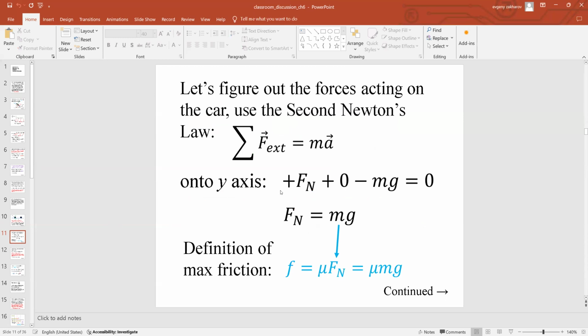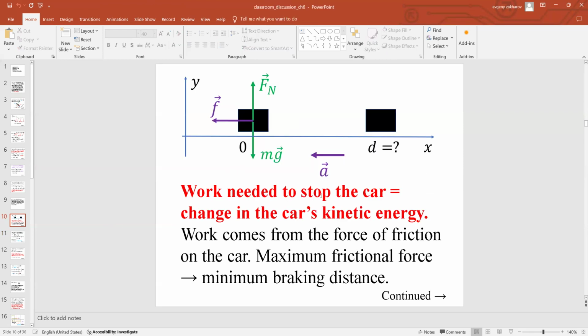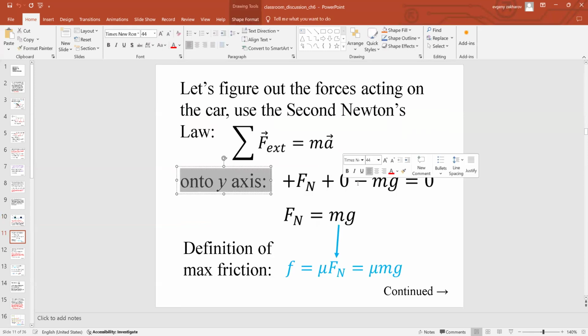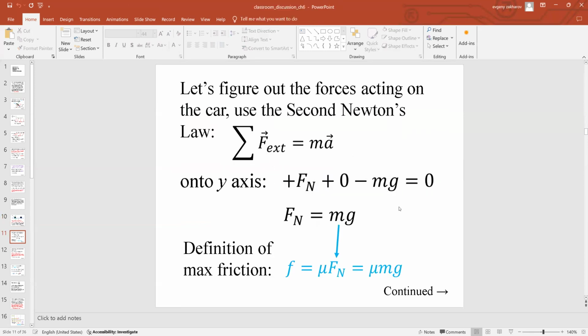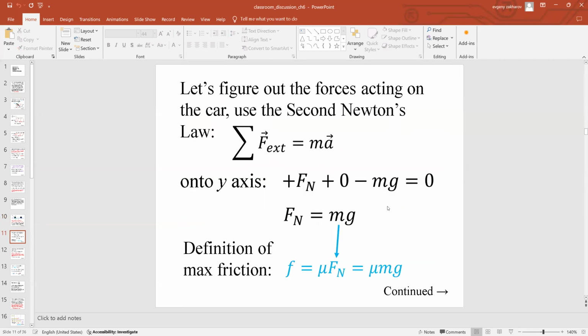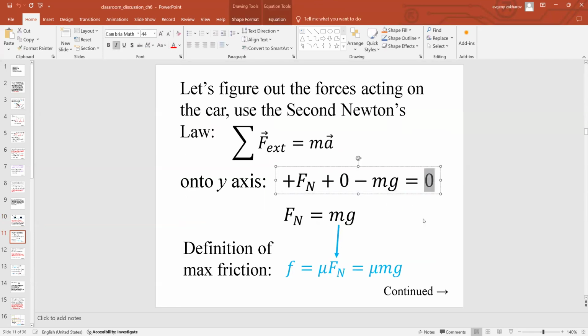Let's see what we can get from the second Newton's law first. We got normal force, negative gravity. Normal is positive, gravity is negative, friction is perpendicular onto y, so friction is 0 onto y axis. And acceleration is also perpendicular to y-axis, so it is 0. So 0 to the right side, and we got normal force being exactly the same as gravity.